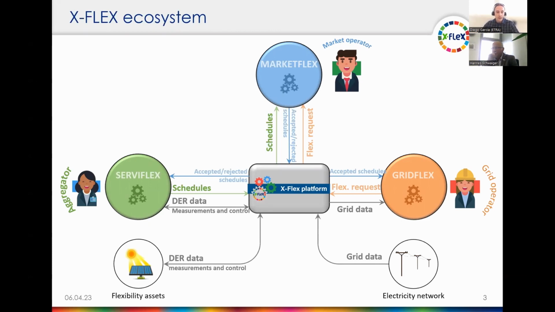Then we have SERVIFLEX, the tool for the aggregator, the MarketFlex for the market operator, and what we will see today is the GRIDFLEX tool aimed at the grid operator, mostly the role of a DSO or a microgrid operator.